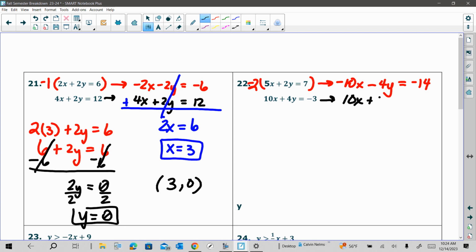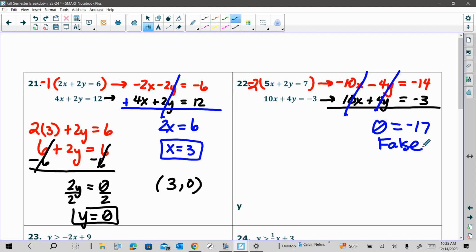I'm just rewriting the second equation. Now this is another special case, because here the x's cancel, the y's cancel, but the constants do not cancel. This gets me 0 equals -17, which is a false statement. And anytime we have a false statement, we write no solution.